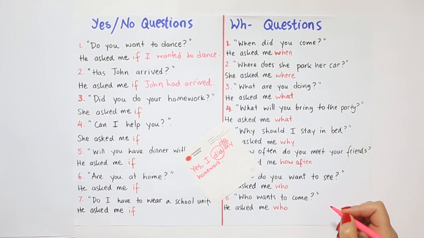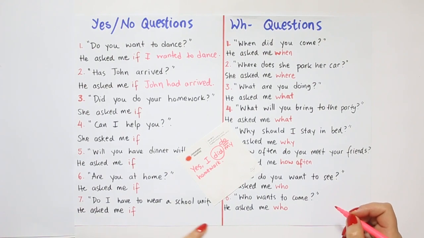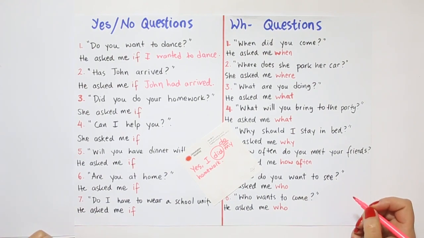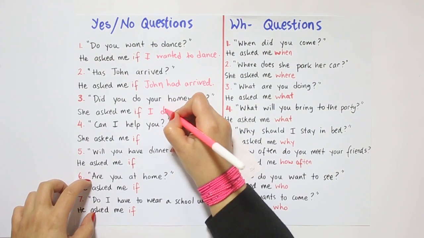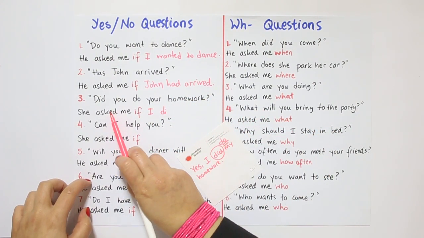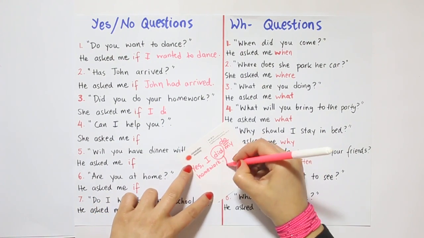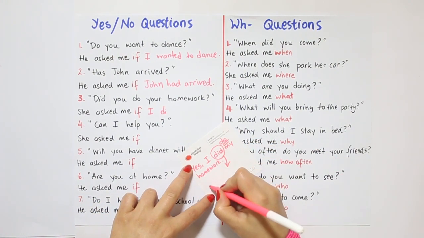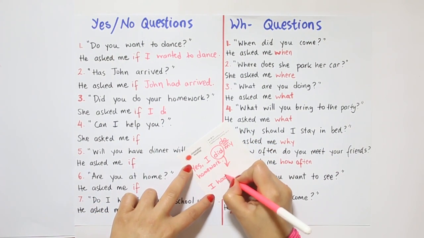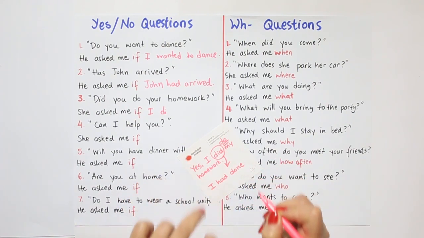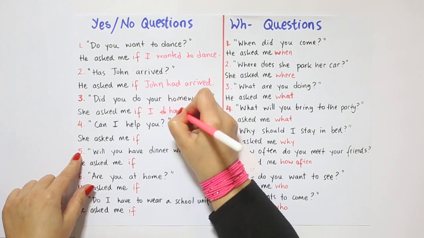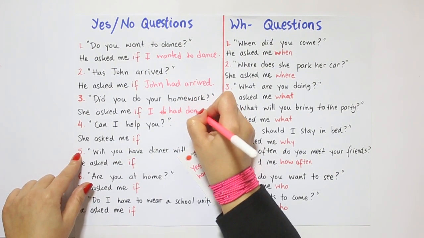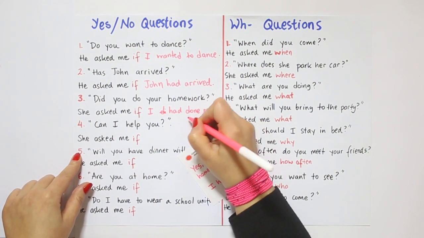Do my homework, right? All right, so I'm going to report it like this. She asked me if I'm, sorry, it's not did anymore because this has to be past perfect, right? So, had done, all right? She asked me if I had done my homework.